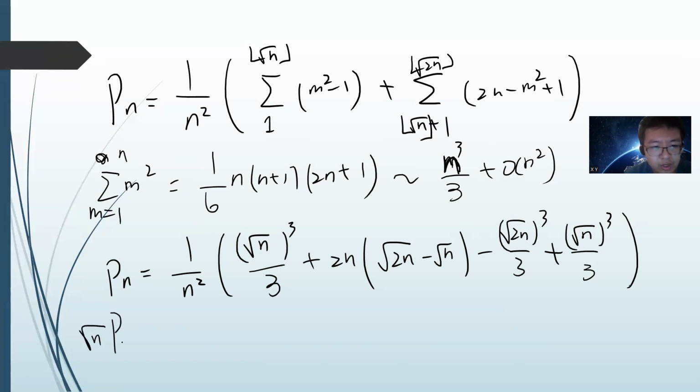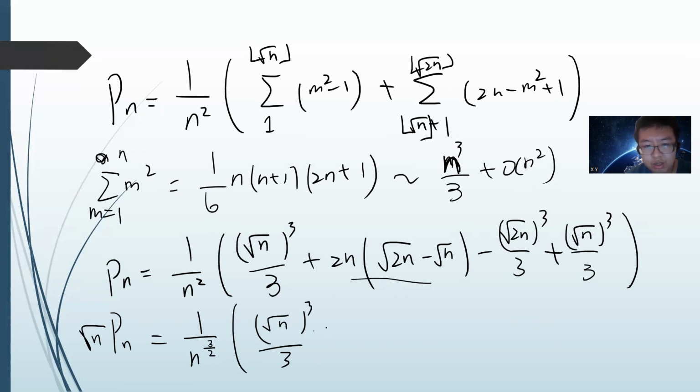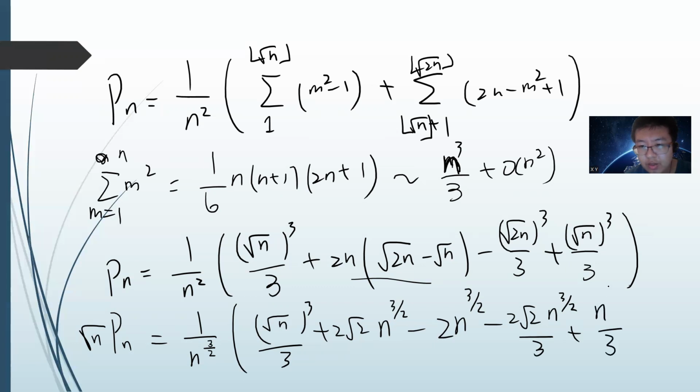Let's take the square root of Pn. From this I know I only need the n to the 3 over 2 power terms: 2 square root of 2 times n to the 3 over 2, minus 2 square root of 2 times n to the 3 over 2 divided by 3, plus n to the 3 over 2 over 3, and so on.